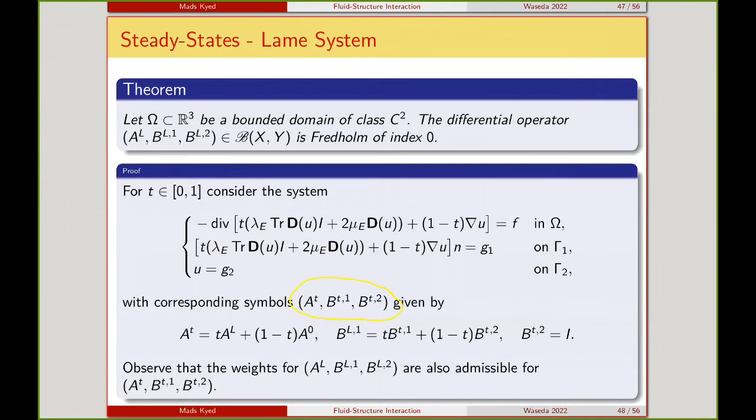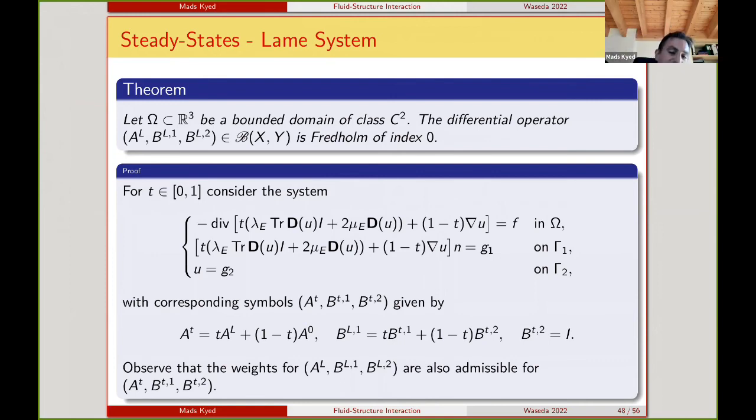So I have here just a simple path from my Laplace operator to my Lamé operator. So the path has to be continuous. This is clear in the space of bounded operators. But more importantly, the path has to be in the component of Fredholm operators. So what I have to show now is that my operator A_t, B_t1, B_t2 is Fredholm for any t.